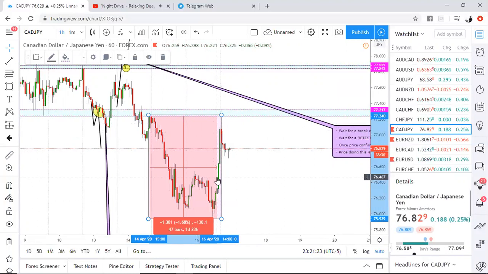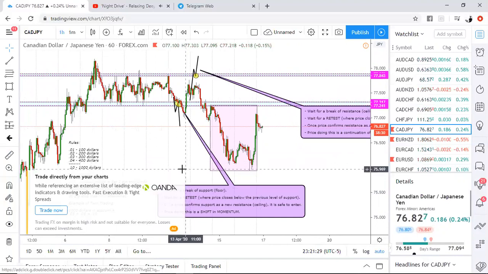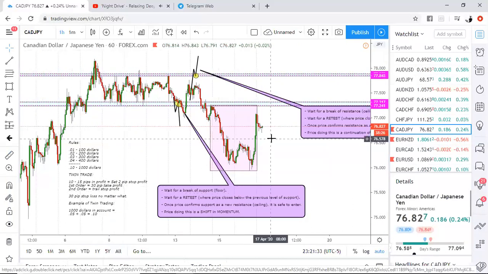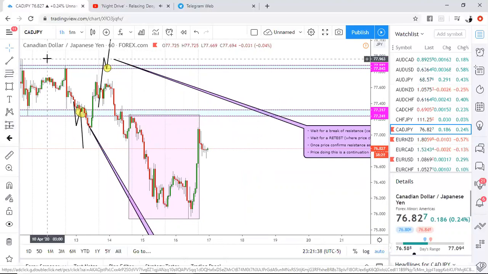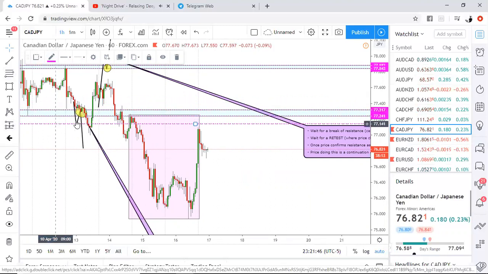you would be taken out of the trade, because as it says in the rules, on the second order, you trail your stop profit. So basically a stop profit would have been like here, plus you moved it in 2 pips of profit, and then it's just following structure from that point.